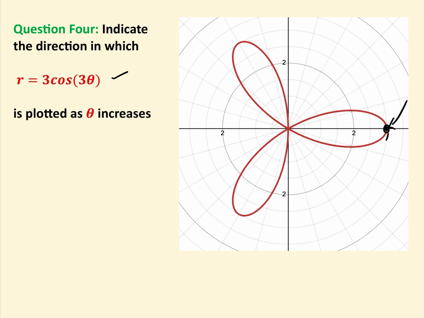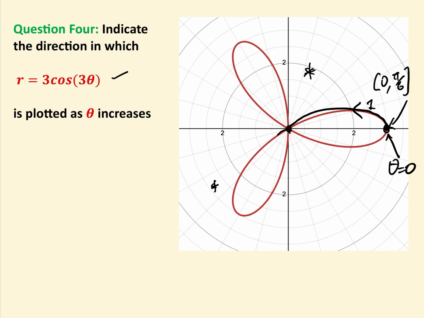Now, we know that this time it starts here at theta equal to 0. So this one here is the first one, and we go in that direction, and that's from 0 to pi over 6. And then, because we pass 0, r goes negative, and so instead of going along this part of the quadrant, we go to the opposite part, which is here.